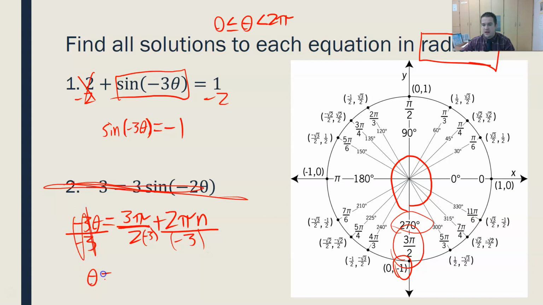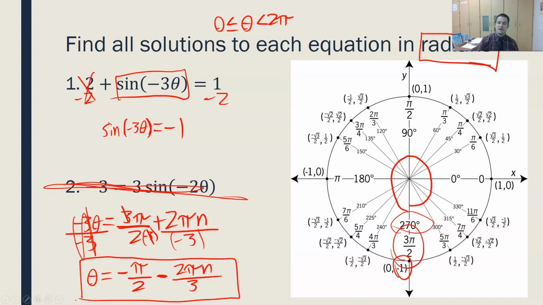I'm going to be left with theta equals, notice here I have a 3 on top and a 3 on the bottom, so those are going to cancel. And this negative is just going to come along for the ride. So I'm going to have negative pi on the top, 2 on the bottom. Here I'm going to have 2 pi n over 3, and this minus, again, is going to come along for the ride, so this is just going to be minus 2 pi n over 3. So my answer would be negative pi halves minus 2 pi n over 3.